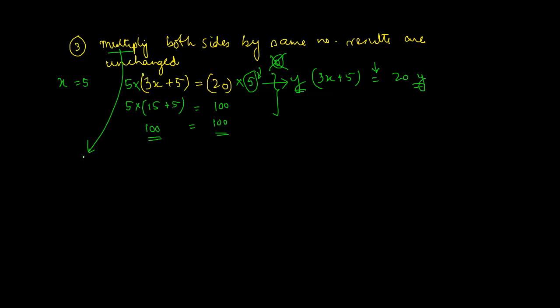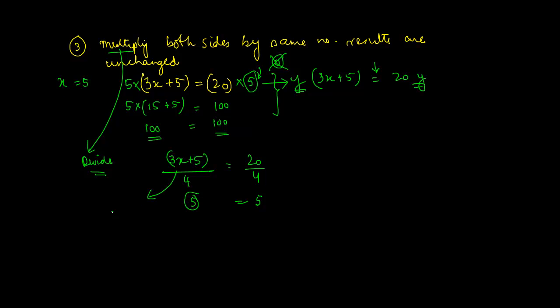The fourth part of this is that if you divide both sides by the same number, the results remain unchanged. So let's say, for example, you divide 3x plus 5 by 4, and you also divide 20 by 4. You get 20 divided by 4 equals 5, and what you will get here is 3x plus 5 is again 20 divided by 4 is 5.